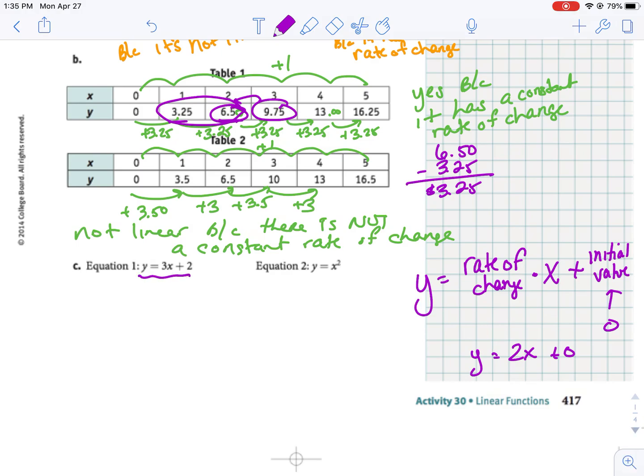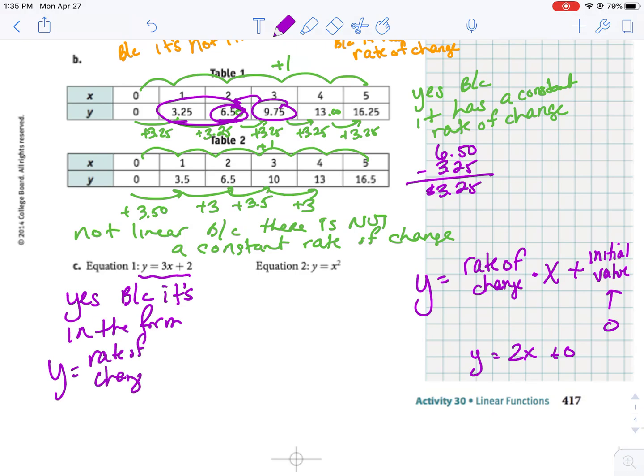And if you take a look at here, that first equation, letter C, it's y equals 3x plus 2. So we could say yes, because it's in the form y equals the rate of change times x plus the initial value.